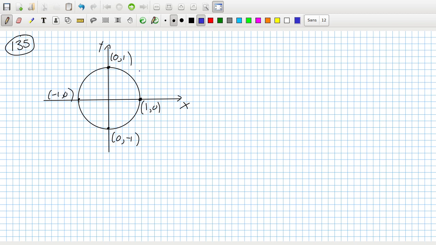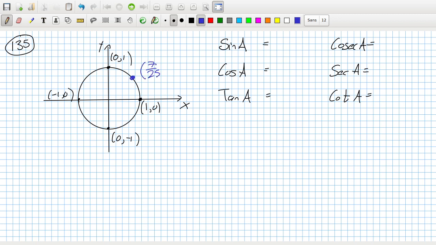Okay. So this first point here, and we'll write down what we need here. We need sine A, cos A, tan A, and then we need cosec A, sec A, cotan A. All right, now, this first point here is 7 over 25 and a positive y.